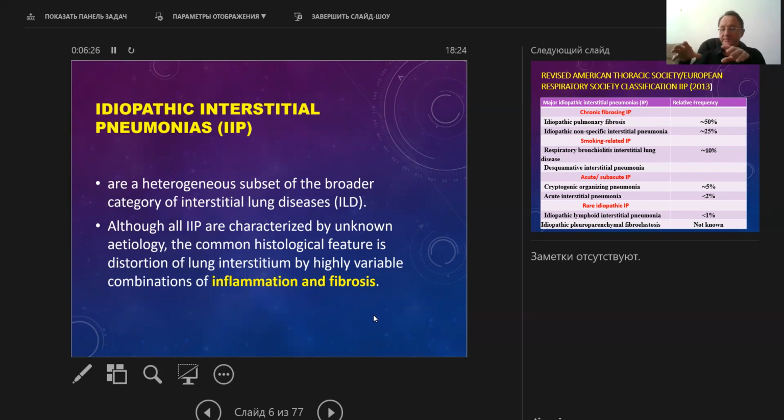For example, non-specific interstitial pneumonia has at least three morphological phenotypes, including prevalence of inflammation and prevalence of fibrosis.